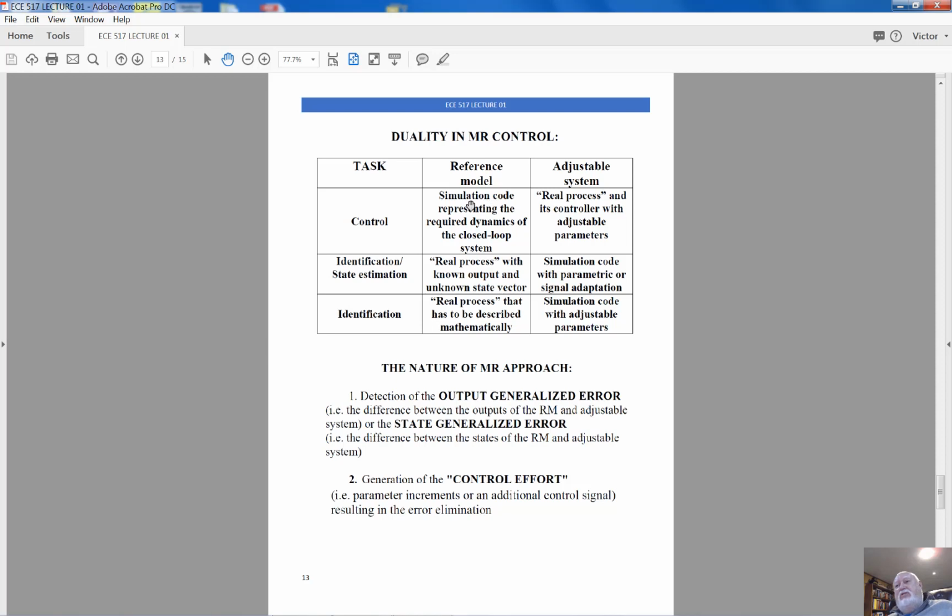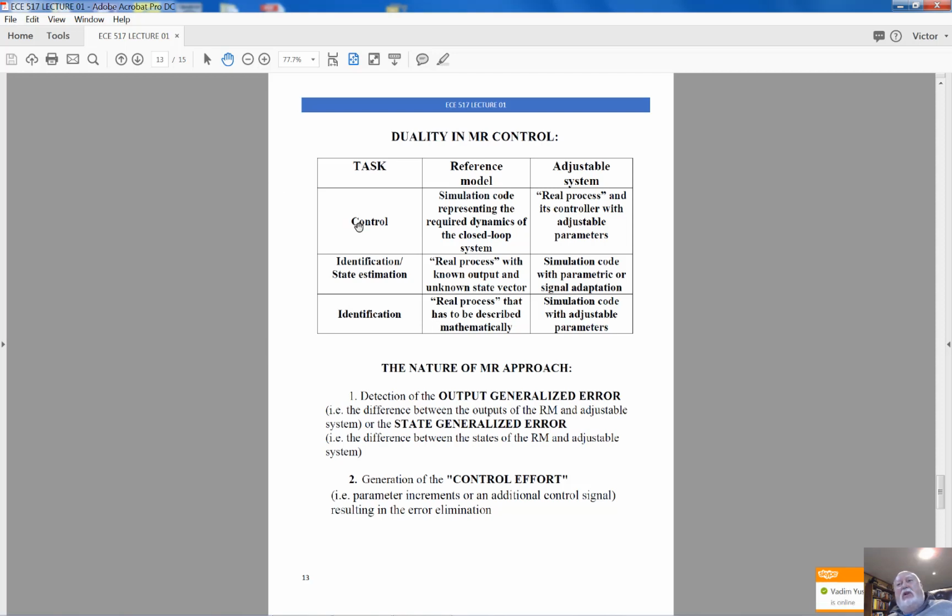And in some cases, reference model was a real process. The adjustable system, in some cases, was a real physical process with its controller, with adjustable parameters, or it was a simulation code. So it all depends on the specific problem.